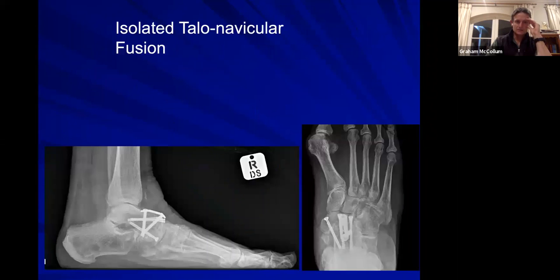But this is the way I like to do it, with a little dorsal plate and 2 or 3 compression type screws, and maybe 1 fully threaded screw. Get good fixation. If you're going to include the subtalar joint, you can also get a screw into the subtalar joint through this little plate. So the plate almost acts as a nice little tension band. So that's the way I like to do an isolated talonavicular fusion.